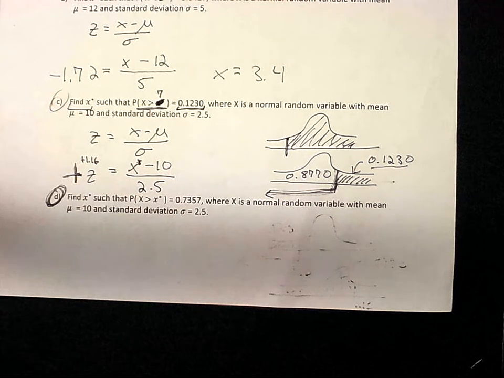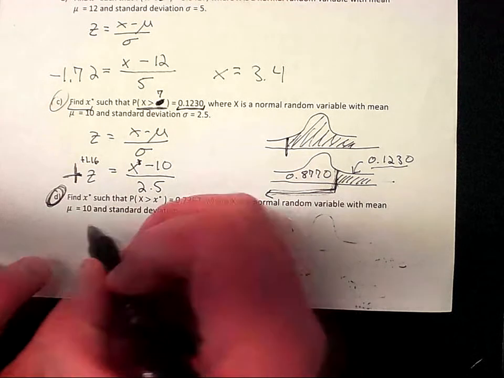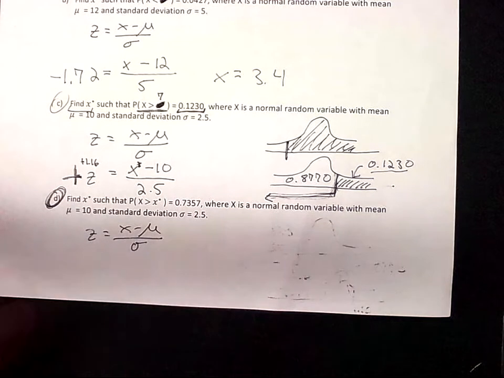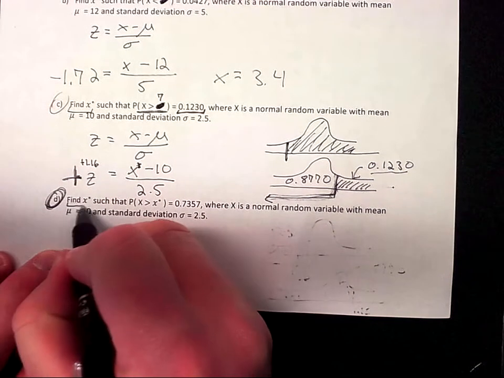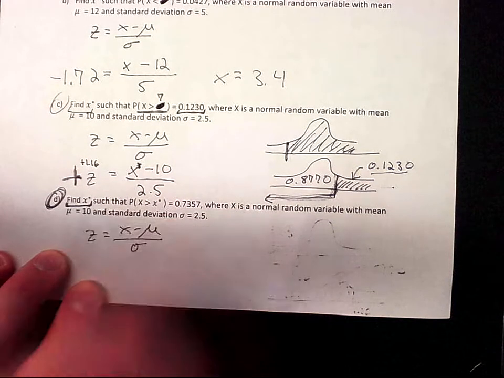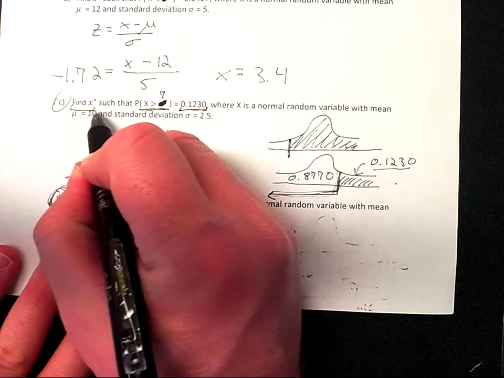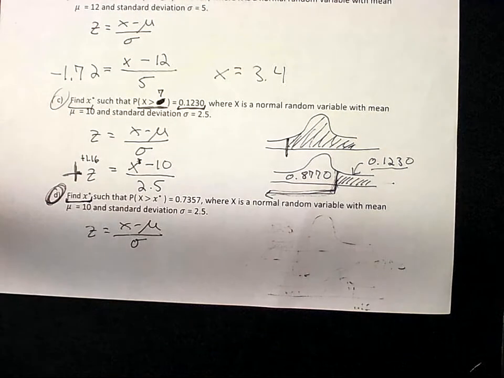So whenever we're trying to find X star, we're going to use our Z formula, right? The find X star portion is our buzzword, like I even have it marked up here from yesterday. That's our buzzword for saying we're going to use our Z value formula. All right. Then what was our next step?